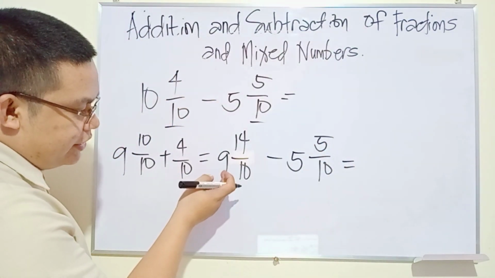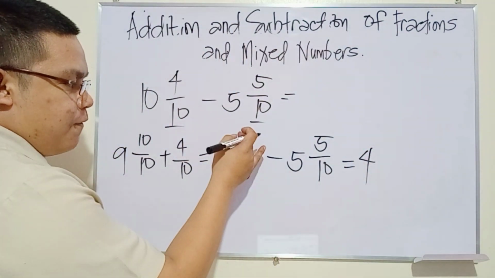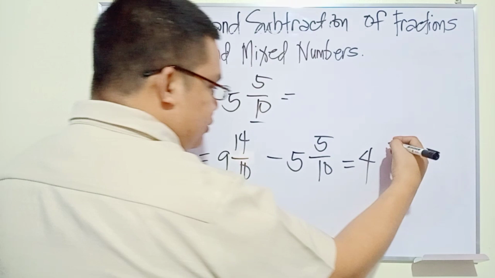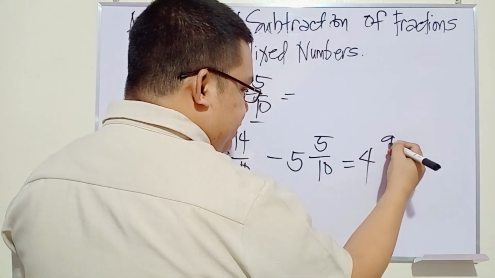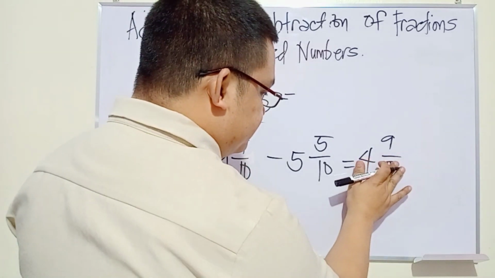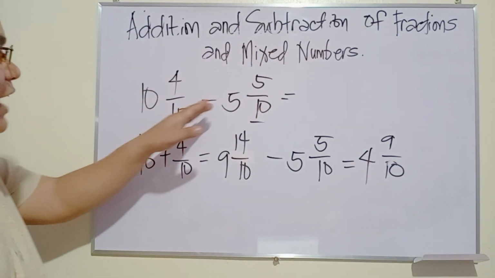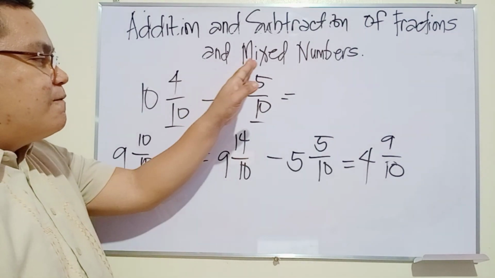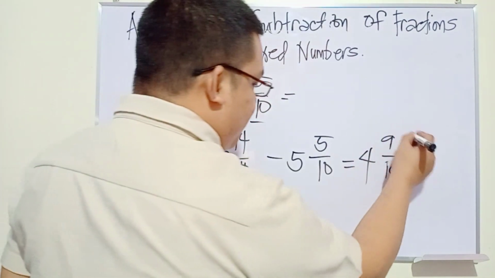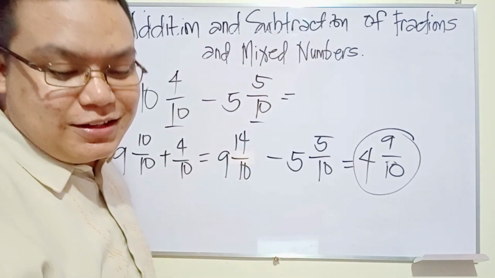So whole number, 9 minus 5 is equal to 4. 14 minus 5 is equal to 9. Then, copying the common denominator, which is 10. So yung 10 and 4 over 10 subtracted to 5 and 5 over 10 is equal to 4 and 9 over 10. So, that's how we do it.